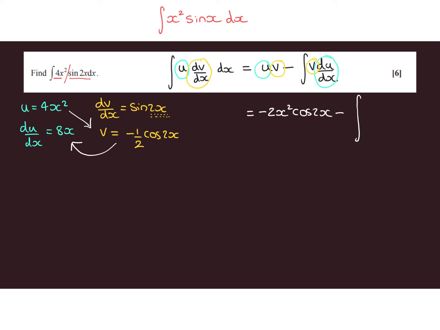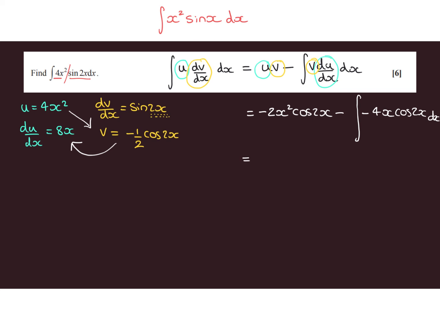So minus a half times 8x will give me minus 4x cos 2x, and of course there is a dx, which actually I should have written up here in the integral there, because we are integrating with respect to x.